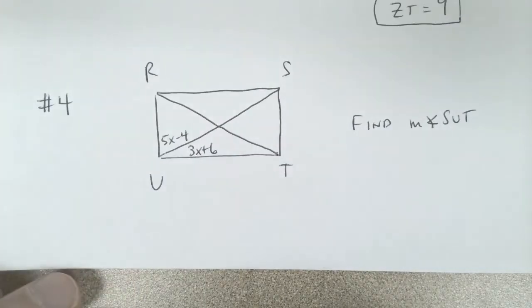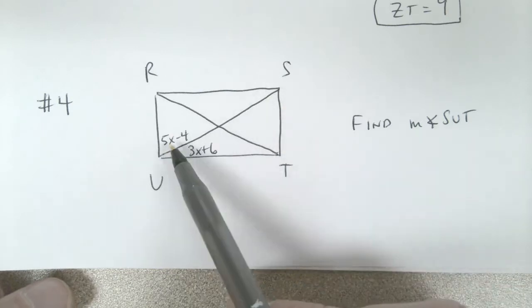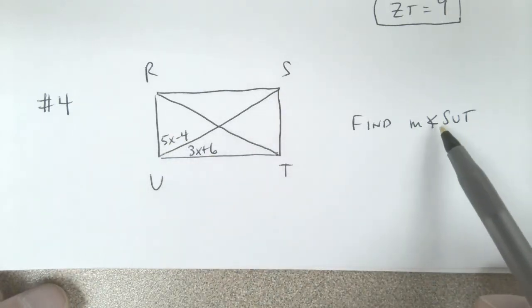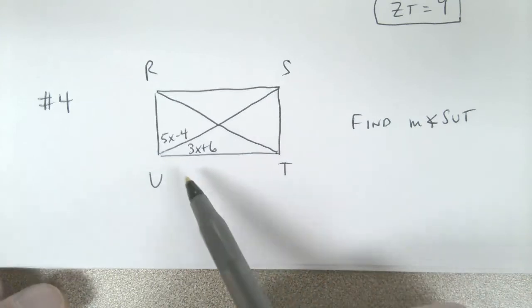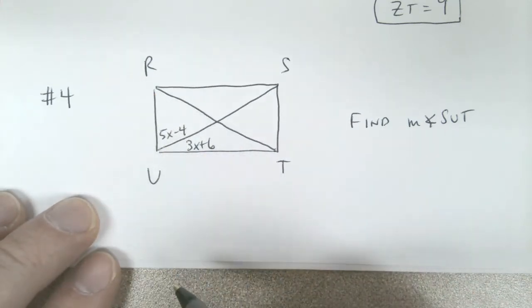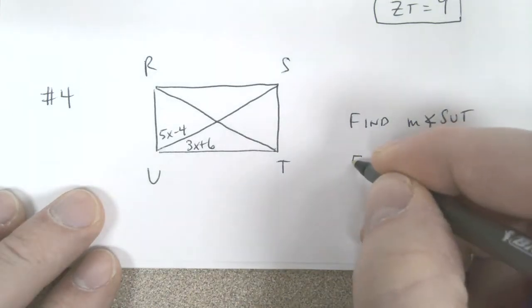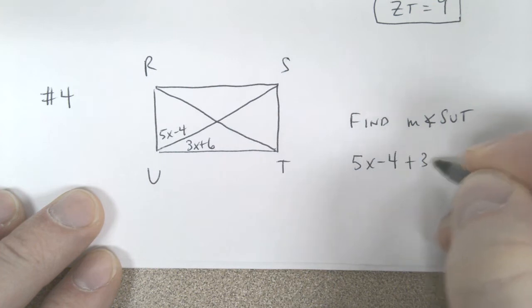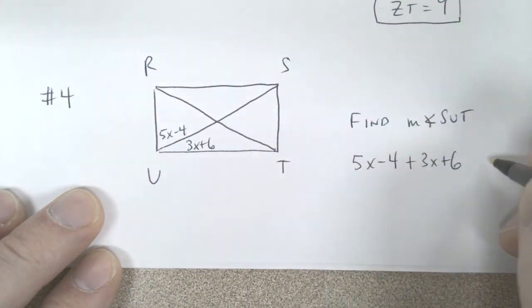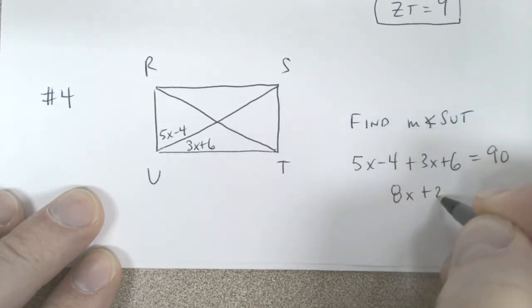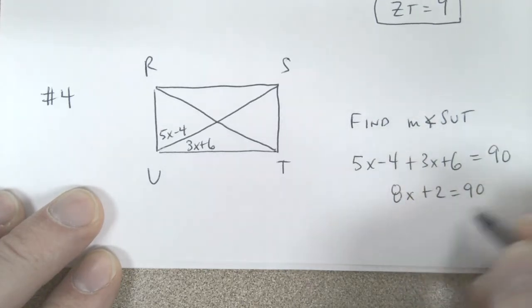Okay, and number 4, they're telling us that angle RUS is 5x minus 4 and angle SUT is 3x plus 6. They want you to find the measure of SUT. Well, we know in a rectangle that each of the corner angles is a right angle, so I can say 5x minus 4 plus 3x plus 6 equals 90. If I combine my terms, 8x plus 2 equals 90.